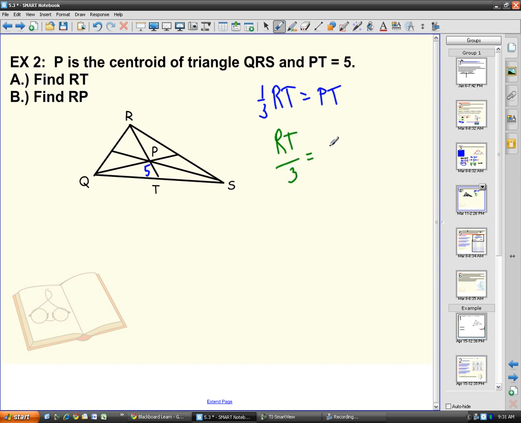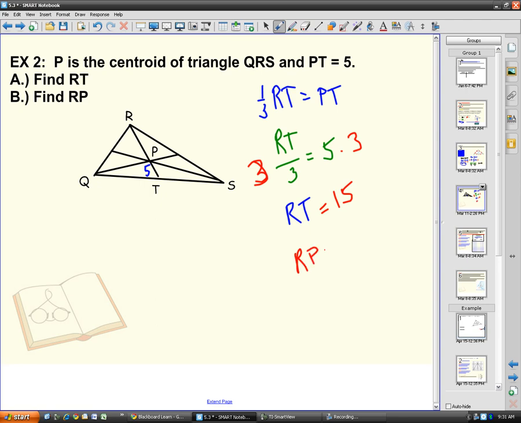And if I solve this algebraically, I multiply by 3 on both sides. Multiplying by 3 on both sides, RT is 15. Well, if that's 15, then RP must be what's left over. If I take 15, take away 5, RP is 10.